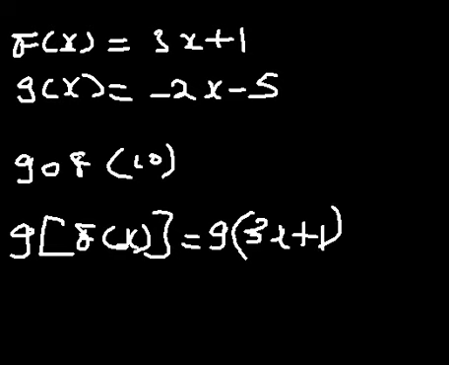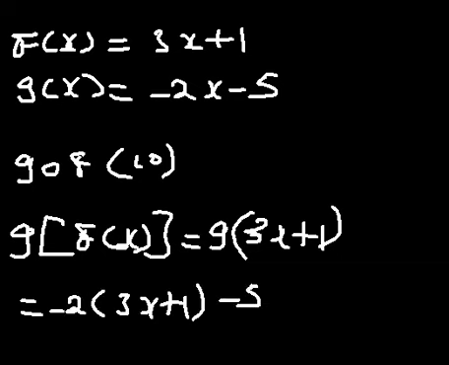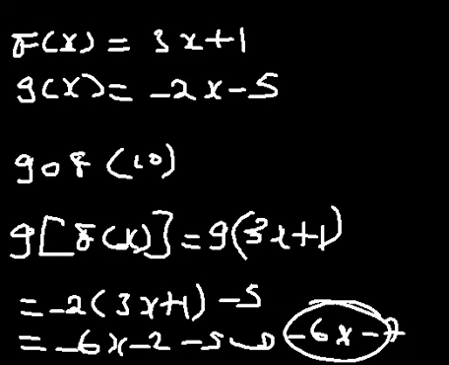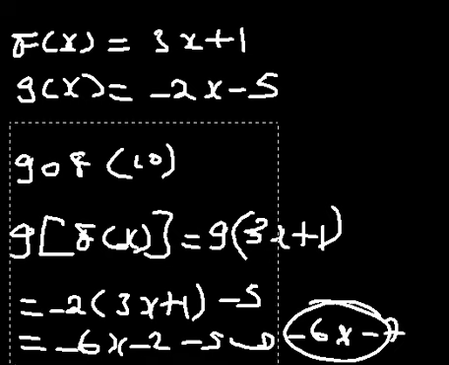Which is the same as 2 times 3x plus 1, minus 5. Now we have negative 6x minus 2 minus 5. So now we have negative 6x minus 7. So that's what it means there. To get the output for this one, we have to substitute 10 where there is x.